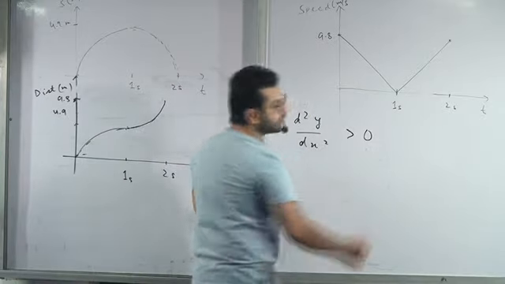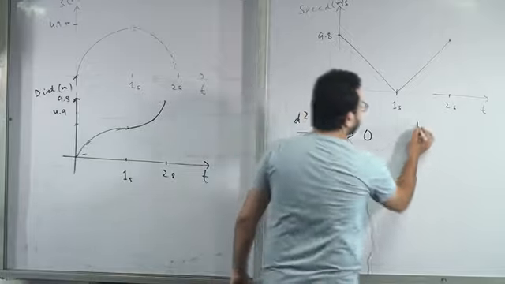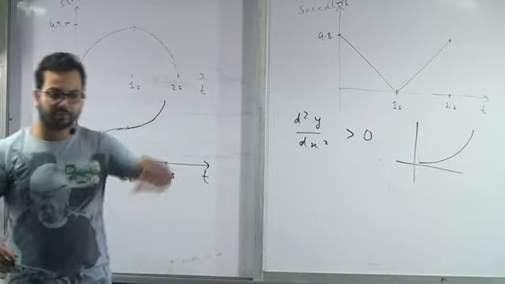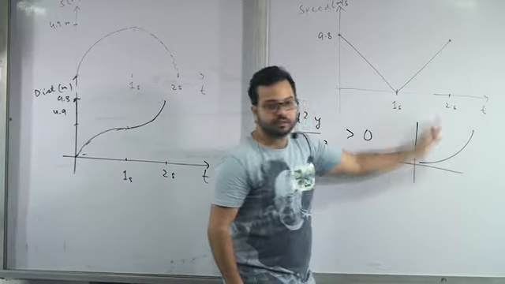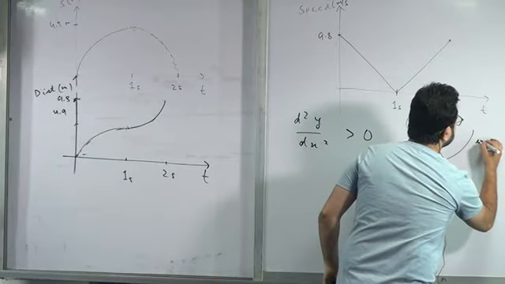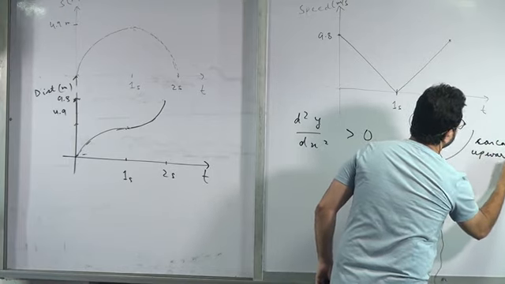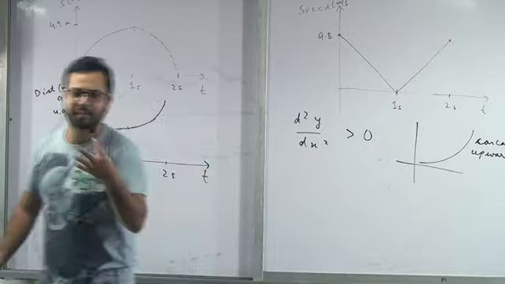When this is greater than 0, the graph I have is concave upward. So this graph means what? Concave upward. This part. This concavity is upward. Why does this happen? When we study maximum minimum, we'll do that.